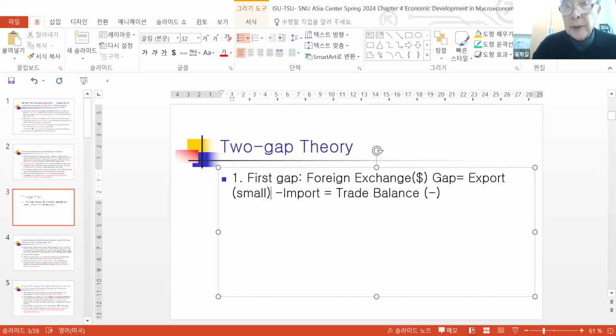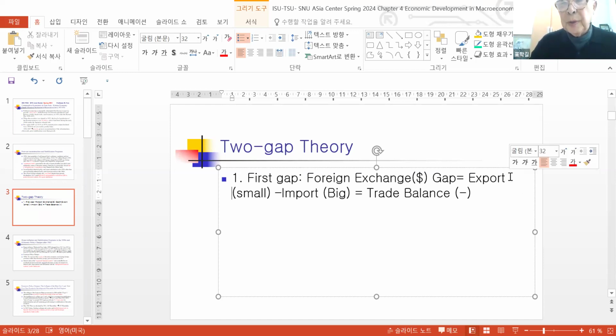What they can export is very small. Import demand is always big. Therefore, when export is $100 billion, import is $120 billion, a $20 billion trade deficit.